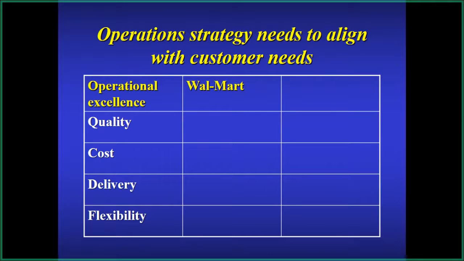Because they have a policy at the corporate level that you don't put things into inventory if there's any way to avoid it. So everything has to be just in time. It goes from your production facilities to their shipping dock to on the shelf to the customer's checkout basket.